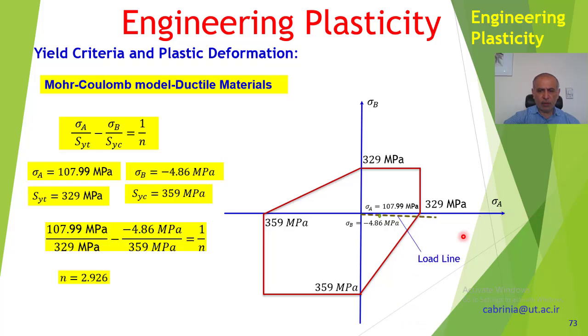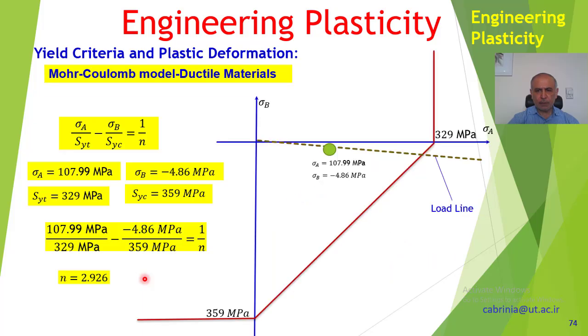And if I draw a line from here, that will be the load line. If you look at here, you can see that if I increase the stresses, reach this point, the material yields. But for the time being, the state of stress is this. So this part divided by that part is in fact the factor of safety. So that's how we get the factor of safety.